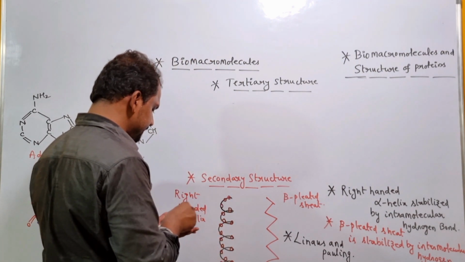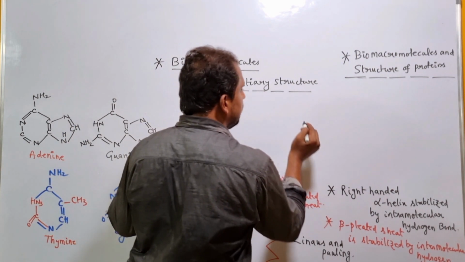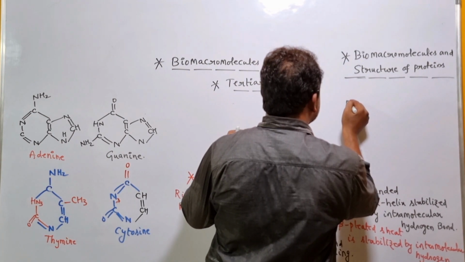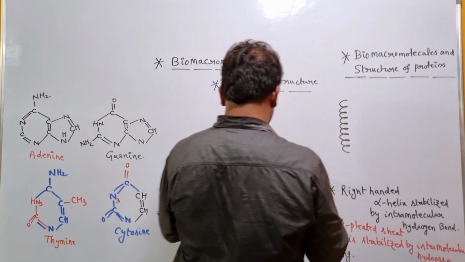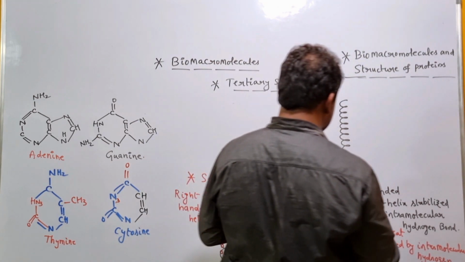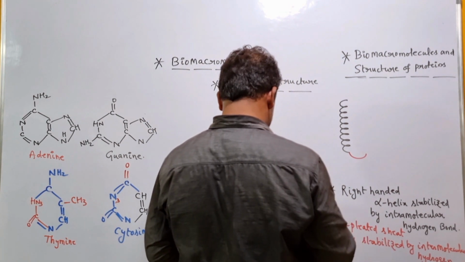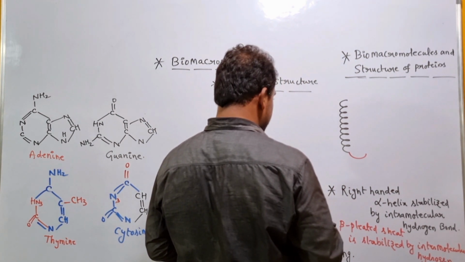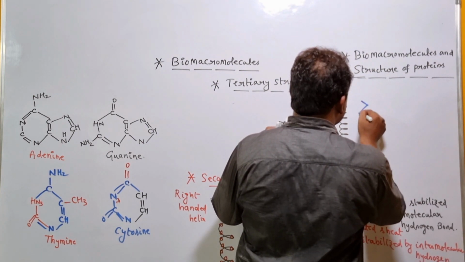So look at here. Let me show it here. So here it is the beta turn. And here it is the beta pleated sheet.